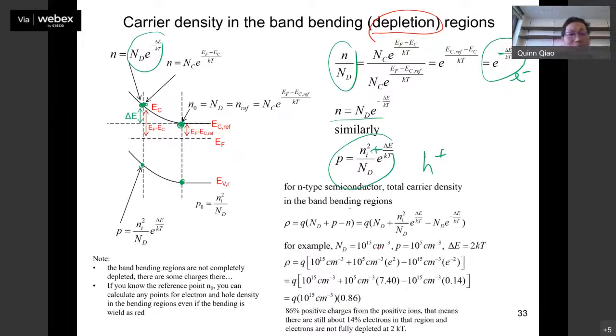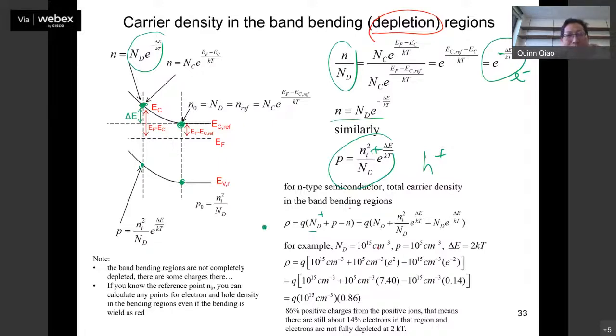And then just consider here, if you add all the positive charge and then cancel all the negative charge, you see here, you have this position, right? You have positive charge ND plus. Why have ND plus?